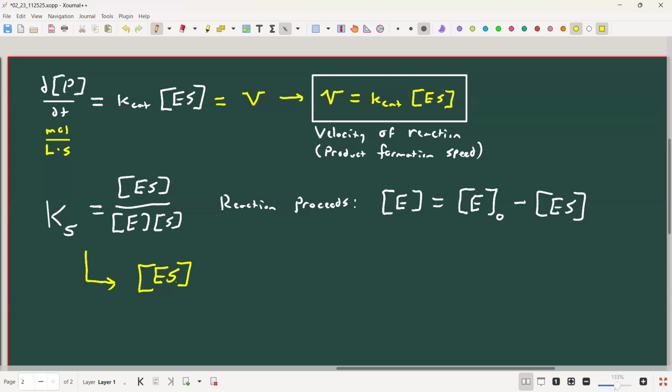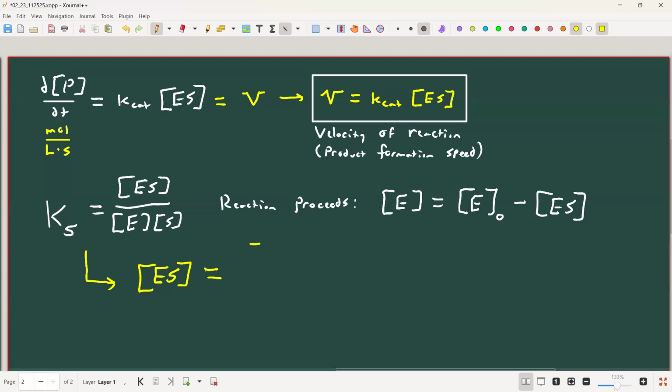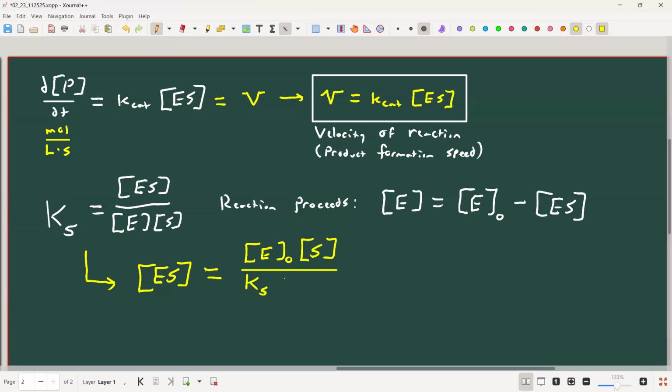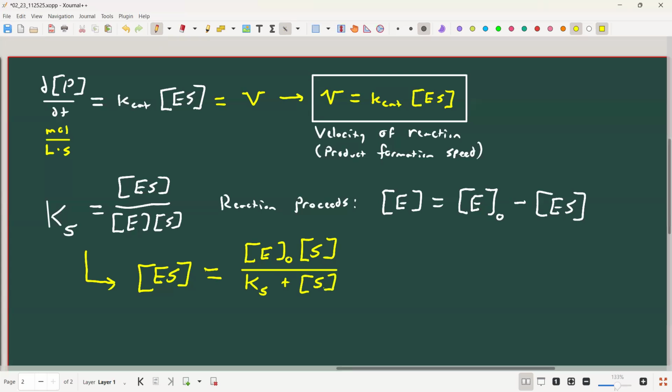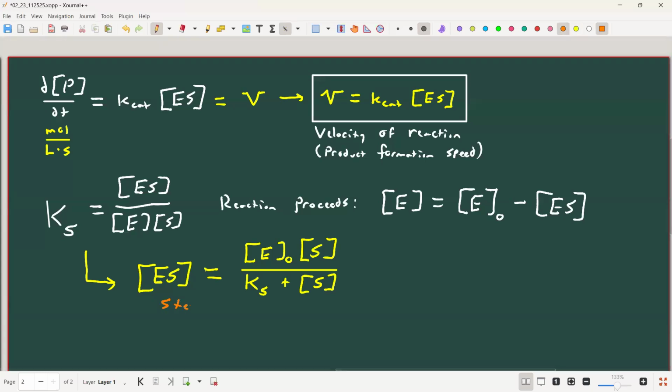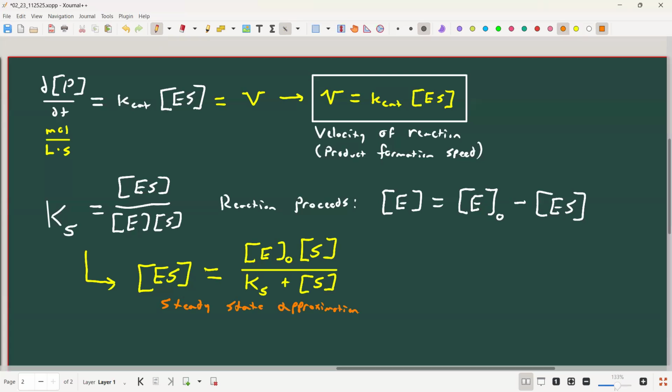So ES, we can solve for it, says that it's equal to E naught times the concentration of your substrate divided by this equilibrium constant Ks plus S. This is by the steady state approximation. And now we have a steady state concentration for our complex, and we can plug this into our velocity.